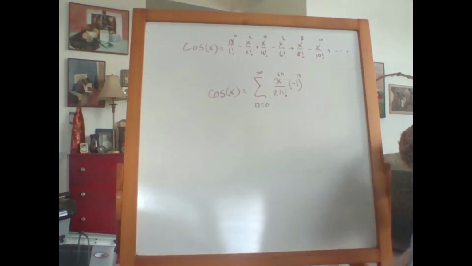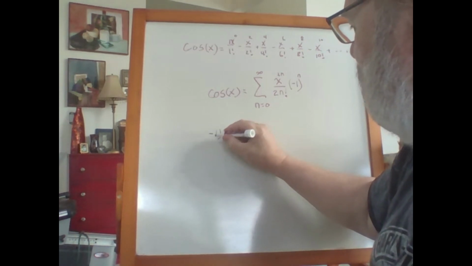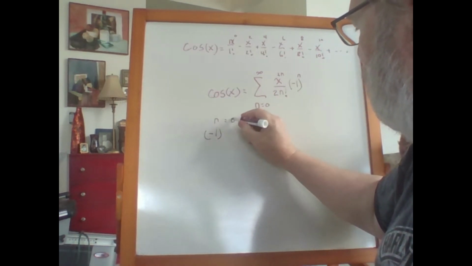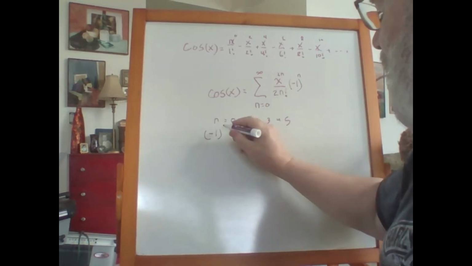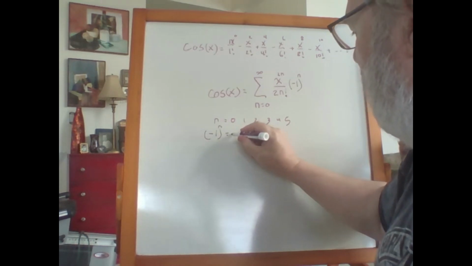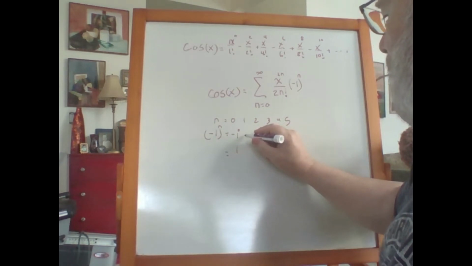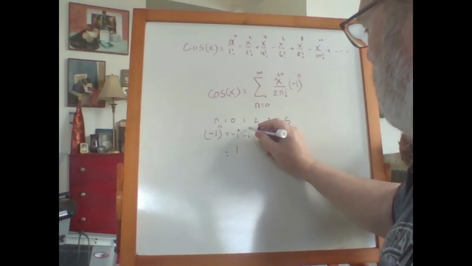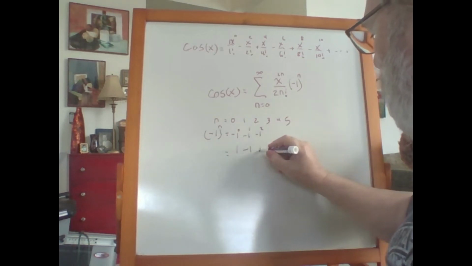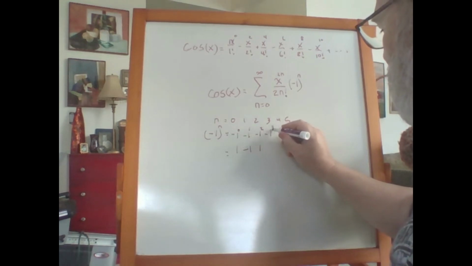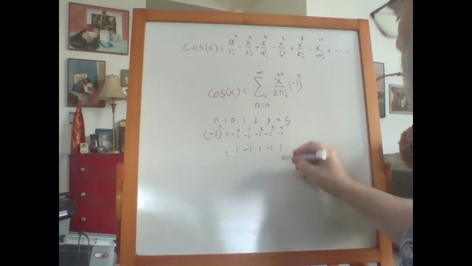We're going to say -1 to the n, because when n equals 0, 1, 2, 3, 4, 5, and so on, -1 to the 0 is equal to 1, -1 to the 1 is -1, -1 squared is 1, -1 cubed is -1, -1 to the 4th is 1, and so on.